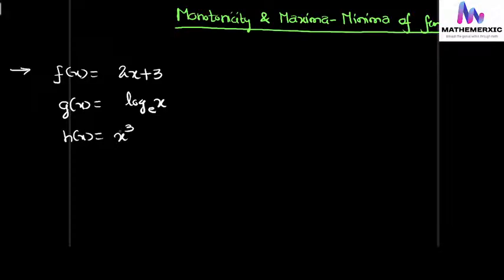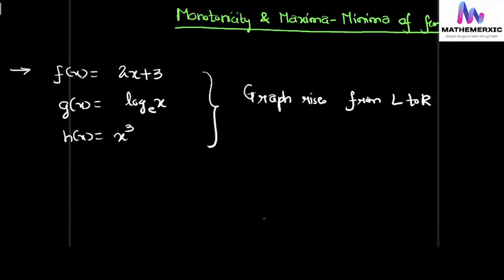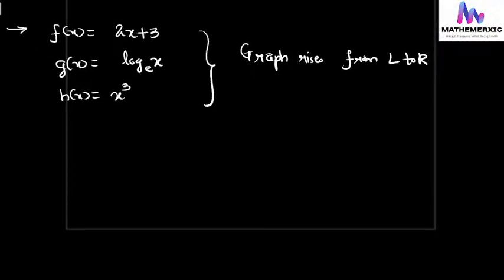They always increase with increase in the input value of the independent variable in their entire domain. That is, the graph of the function rises from left to right every time.